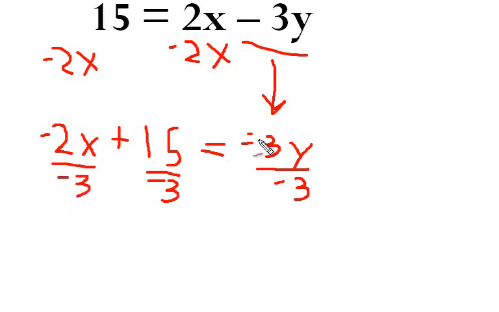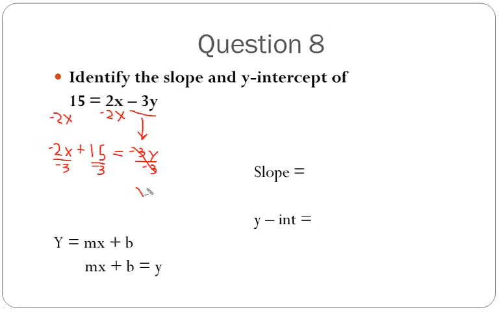Okay, by doing that I canceled out that negative 3, so I just have y equals on this side. Negative 2 divided by negative 3 will just give me positive 2/3 x, because we have a double negative, it'll turn positive. And then 15 divided by negative 3 will give me minus 5.